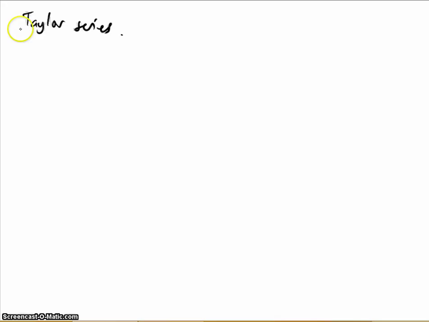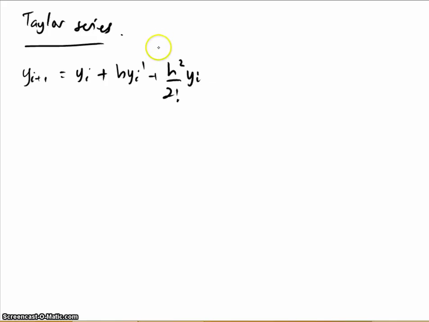Okay, so my Taylor series is given by y_{i+1} = y_i + h y_i' + h²/2! y_i'' and then you have all your higher order terms.